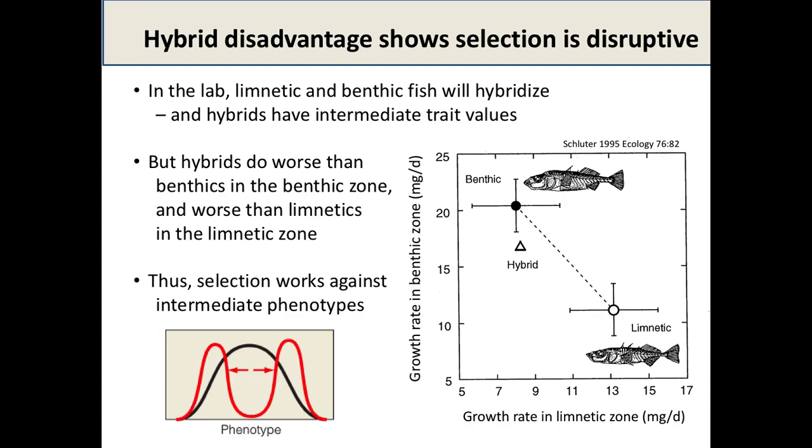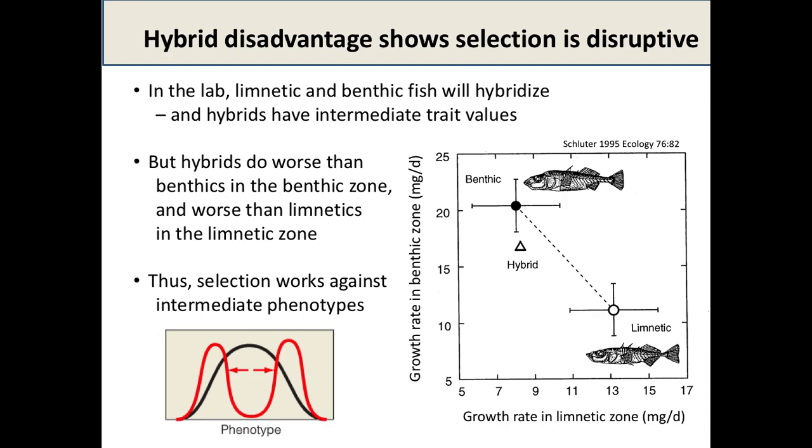They're not well adapted to feeding on the benthic prey. The benthic form grows very well in the benthic habitat but very poorly in the limnetic habitat. They can't get enough resources from feeding on the zooplankton.